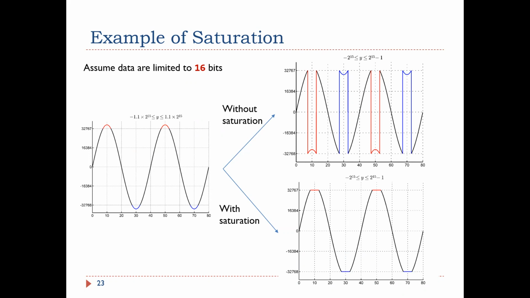Now, let's also assume that the memory or the register that is storing this value has 16 bits, and the value could be signed. So if you have 16-bit signed, then the number could be from minus 32,768 to plus 32,767. So this is the range of the number in 16 bits.